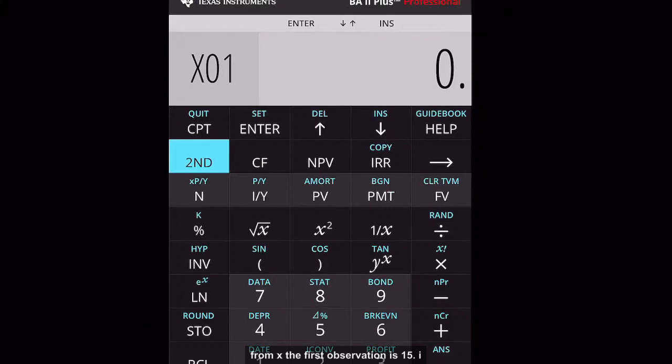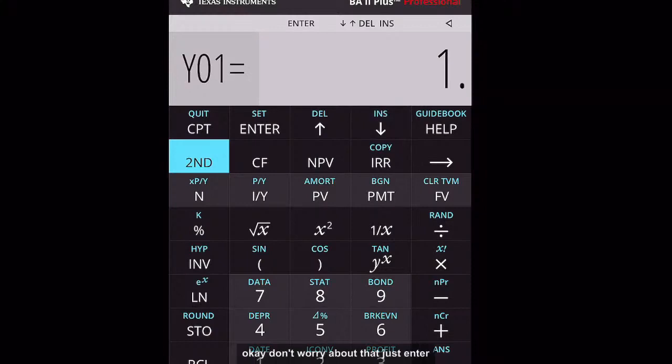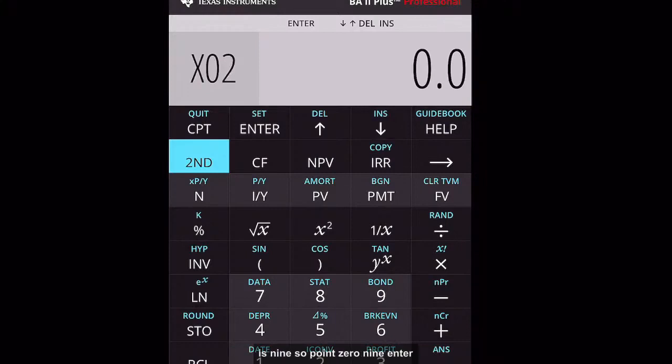The data are from X. The first observation is 15. I can enter it as 15 or 0.15. Let's enter it as 0.15. And you don't have to, but it's something I learned to do to avoid some confusion. Just enter them as percentage decimals. Okay, so 0.3, enter. The second observation is 9, so 0.09, enter. And 0.18, enter.